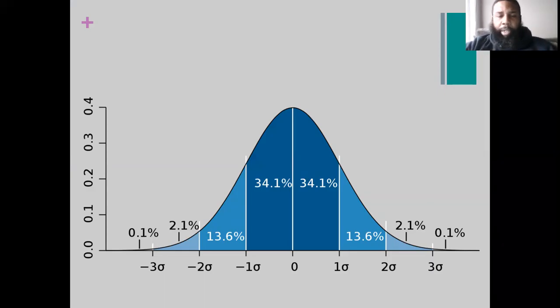Now, if this is the mean, right, then where do 68% of the scores fall? 34% of those scores are one standard deviation away, meaning 34% of those scores are above the mean, and then 34% of those scores are below it, positive and negative, right? So even though this is a 0 here, imagine this as your actual mean, right?